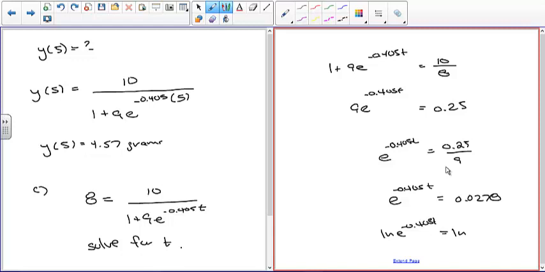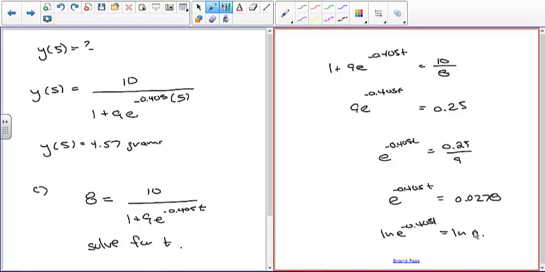Well, apparently I did it right the first time because you guys got the same answer. Let's try it again here. 10 divided by 8 minus 1 divided by 9. Natural log of the answer. Oh, no, that's right.